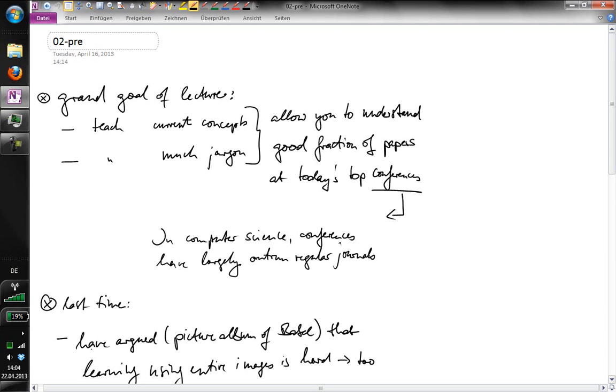So what I want to do is teach you the basic concepts and the jargon that you need to understand at least a good fraction of the papers that you see at today's computer vision conferences. And why do I say conferences and not journals? It is because in computer science, these conferences have really taken the role of the journals.